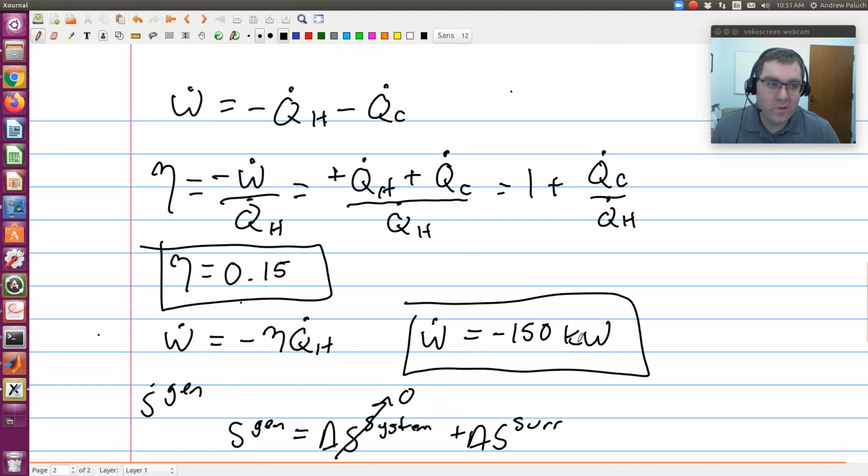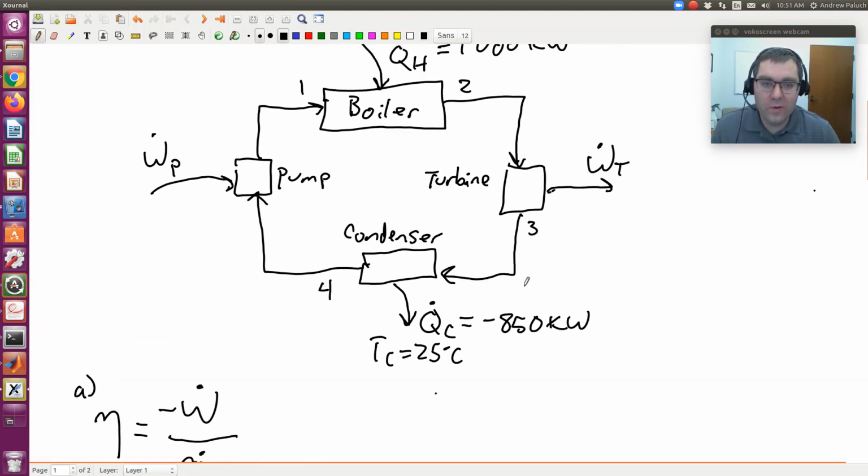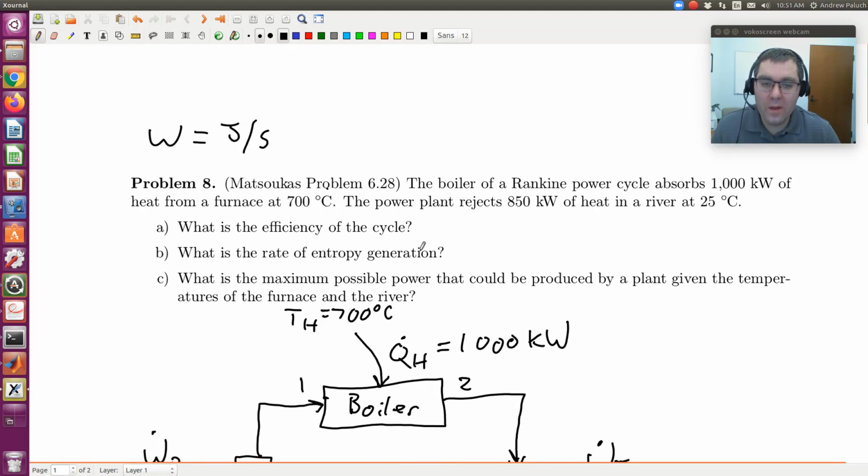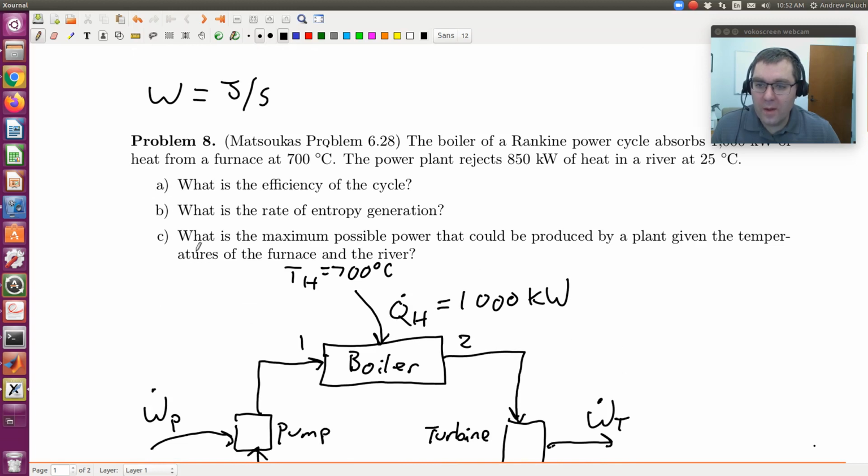We solved for efficiency. We even calculated the net work produced. And now in part C, it says, what is the maximum possible power that could be produced by a plant given the temperatures of the furnace and the river?